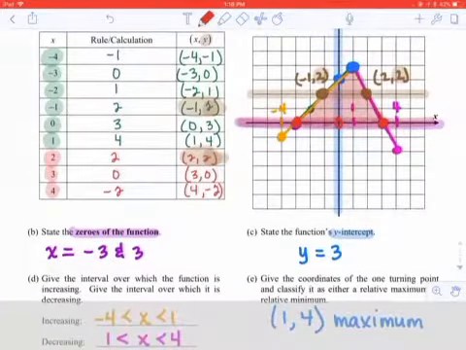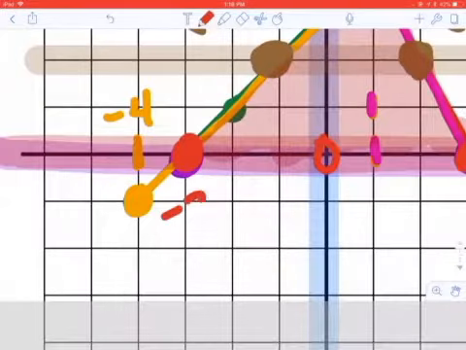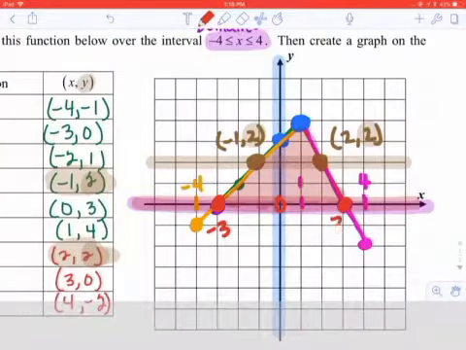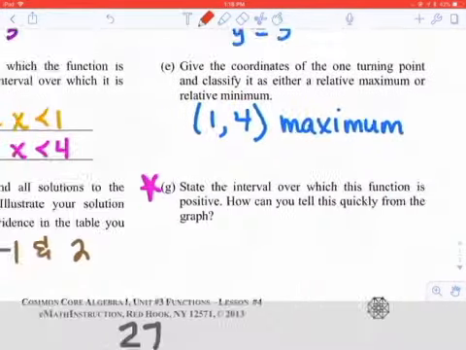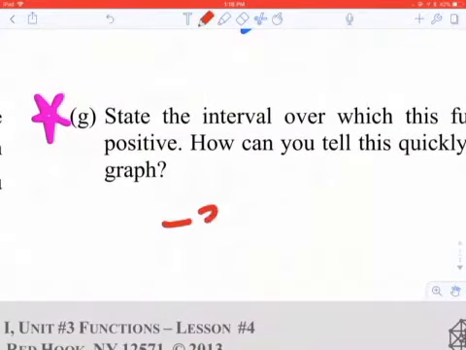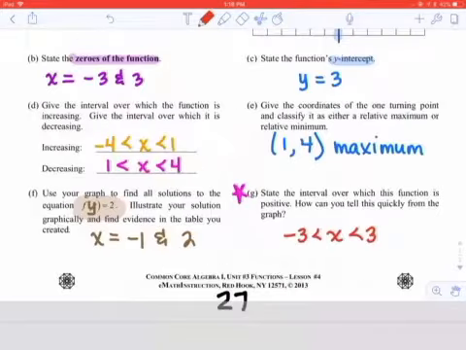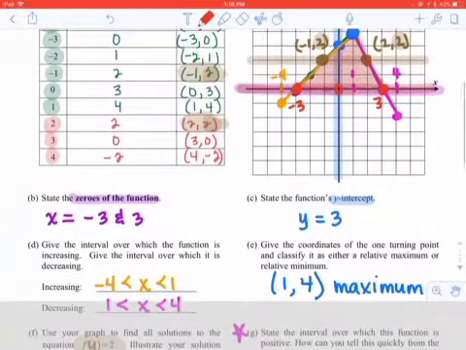And that is from -3 to +3. So I can represent that with the inequality, -3 is less than x is less than 3. And that means for the x values between -3 and 3, our y values are positive.